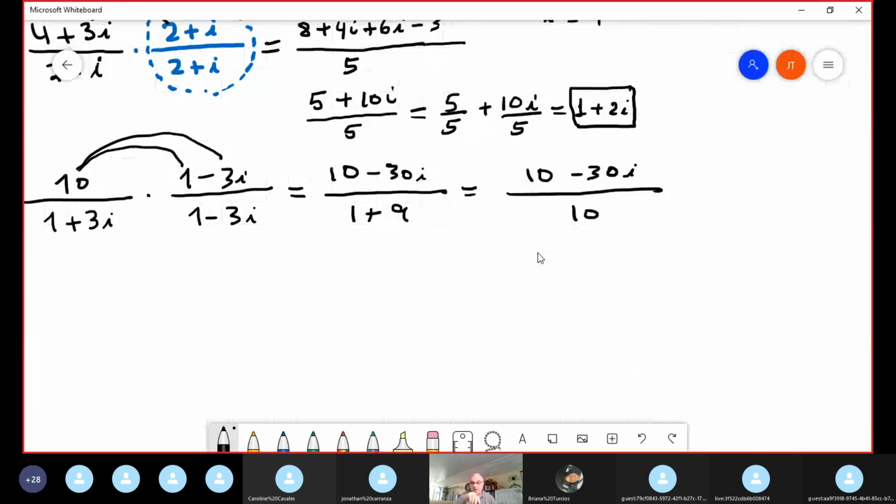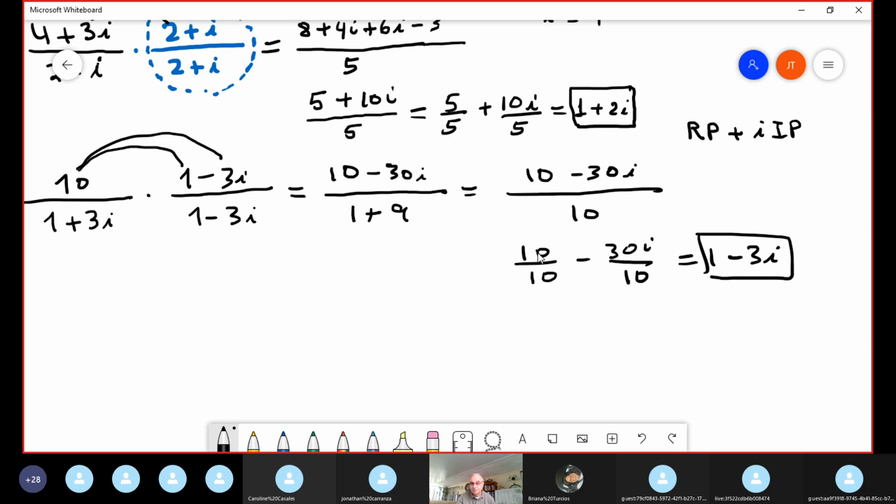What does standard form mean? Real part plus i imaginary part. Okay, so you split this over the common denominator: 10 divided by 10, minus 30i divided by 10, is 1 minus 3i. End of the story, final answer. Okay, any question?